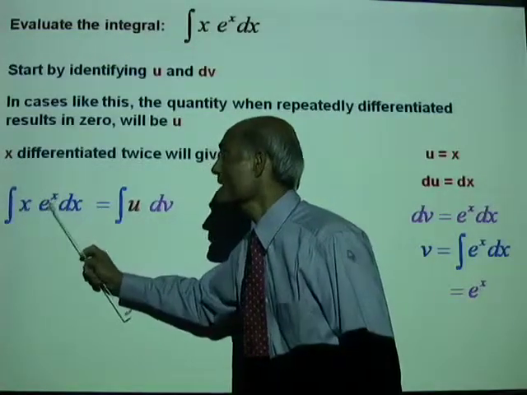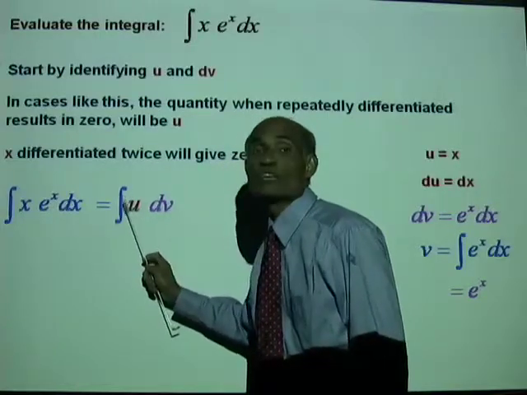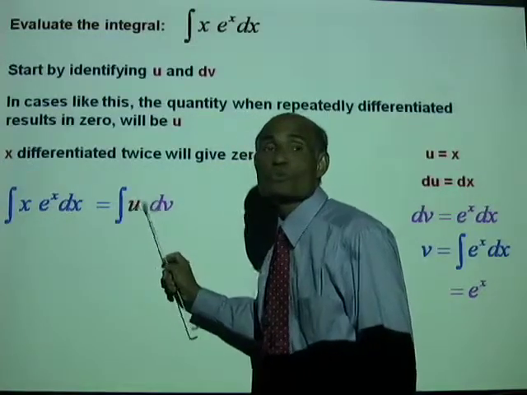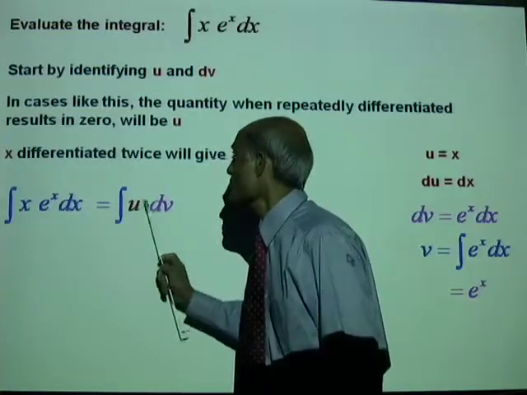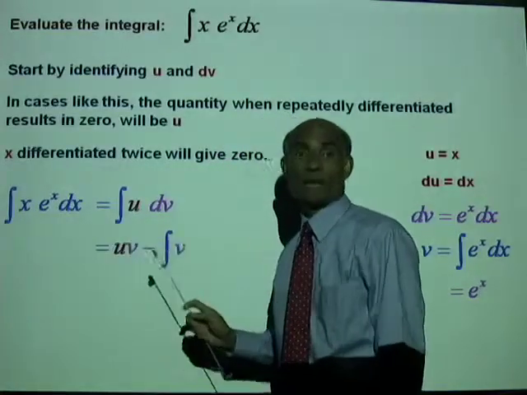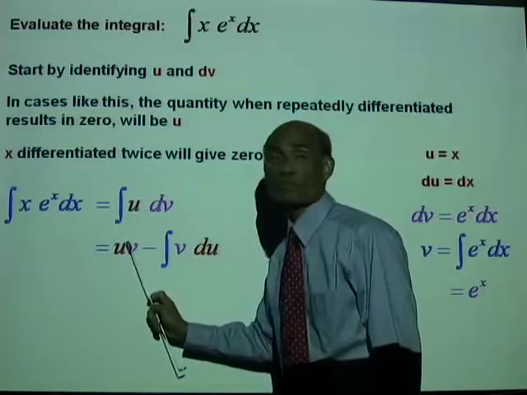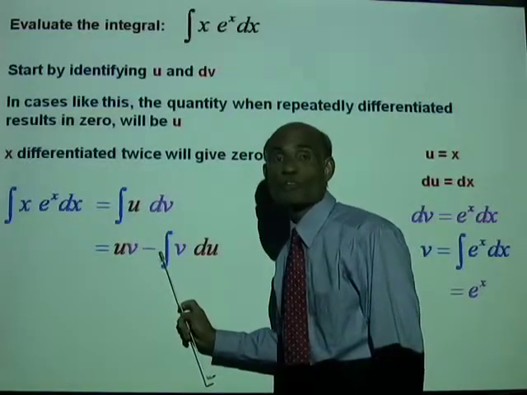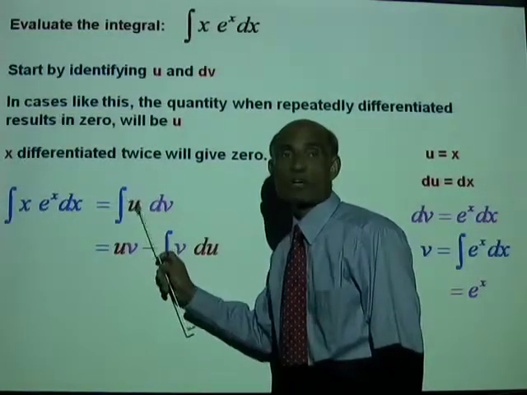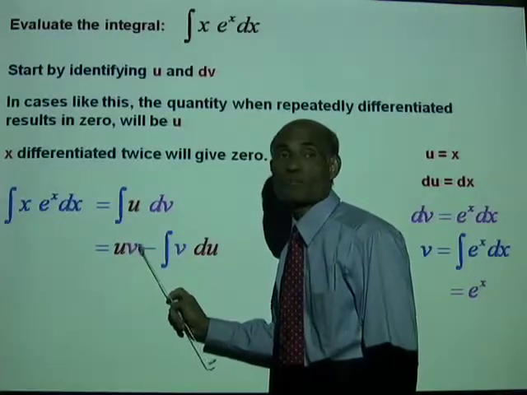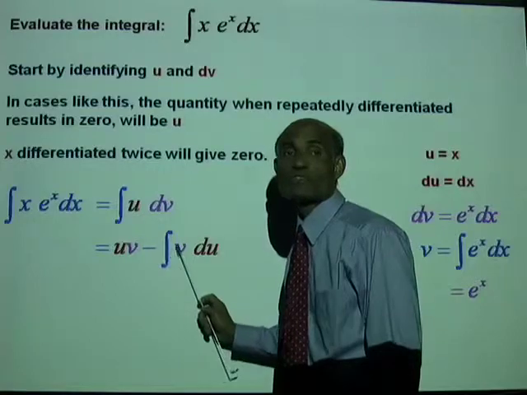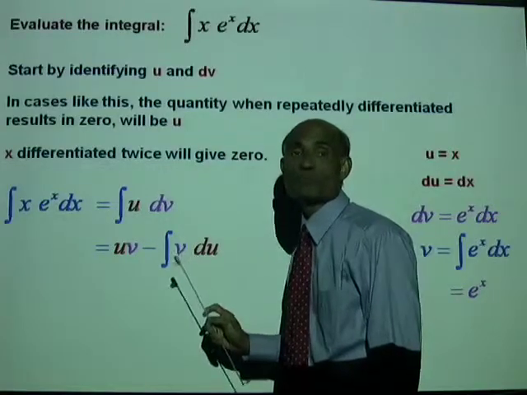We can now write this integral using the form that we have. Integral x e to the power of x dx is integral u dv. x is our u, e to the power of x dx is our dv. And what is that integral equal to? This is the formula that you need to remember: integral u dv is u times v minus integral v du.